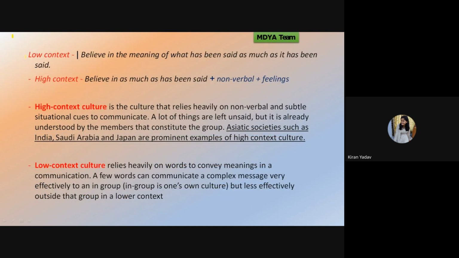Next is low context and high context. These are two terms in communication. In low context, if I tell in simple words, communication relies on direct words and language, and it's clear, direct, straightforward.